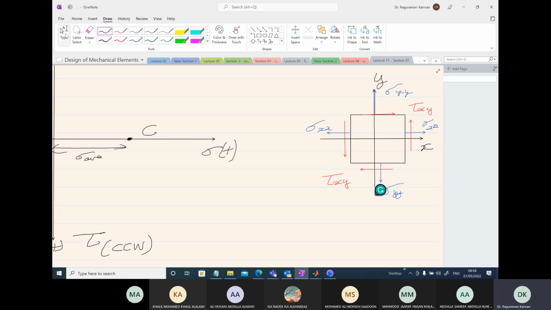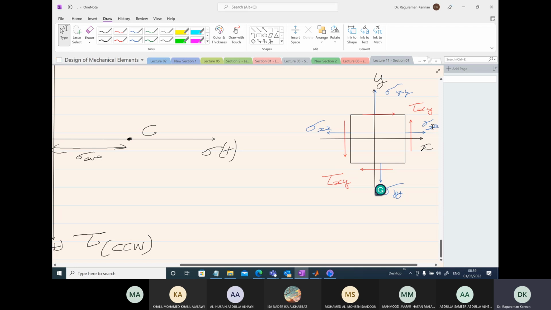I need to figure out, corresponding to this x direction, in which direction the x-axis is located here. To do that, first I go towards the positive side of the x-axis. I select the plane perpendicular to the positive side of the x-axis. On that plane, I check what the stress values are, the normal stress and the shear stress.